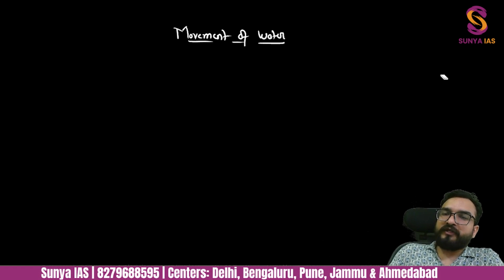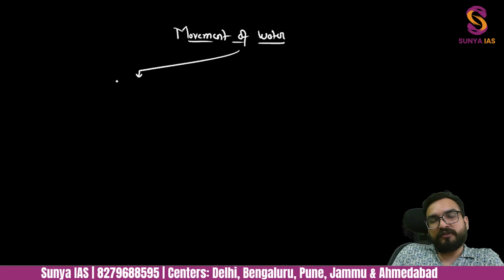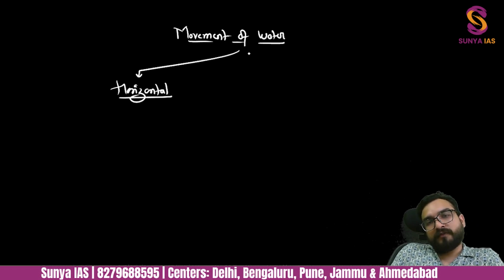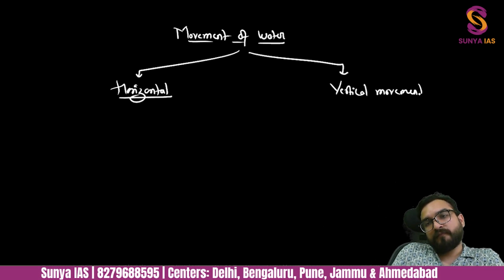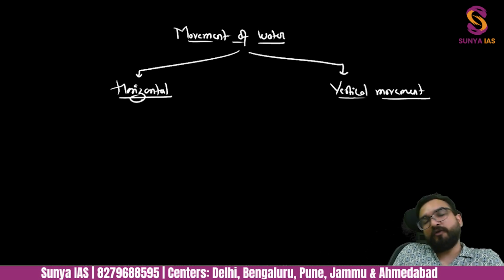So there are two types of movement which can happen in water. One you will say, sir, horizontal movement, and another one is vertical movement. Now, what are the forms of water movement you see in horizontal?